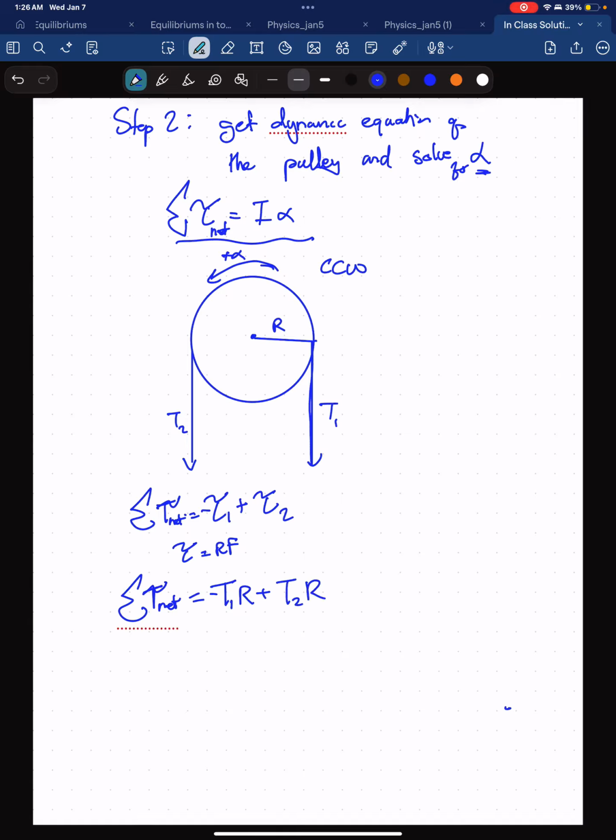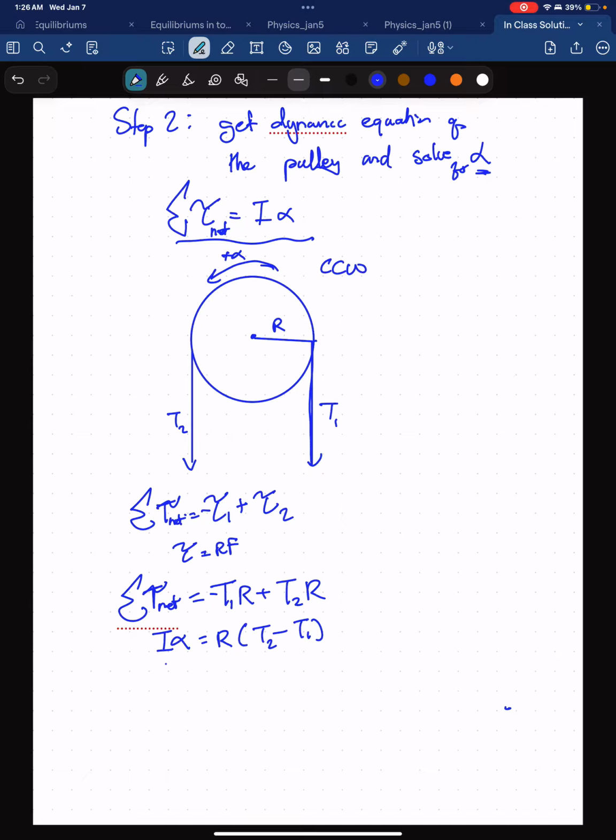Right? So, and these are all the forces on my system. I can just write my equation kind of nicely. So T2 minus T1. Yeah, just rewriting my equation in a neat manner, not really changing the math. And then my torque net here is going to be I alpha, according to Newton's second law.